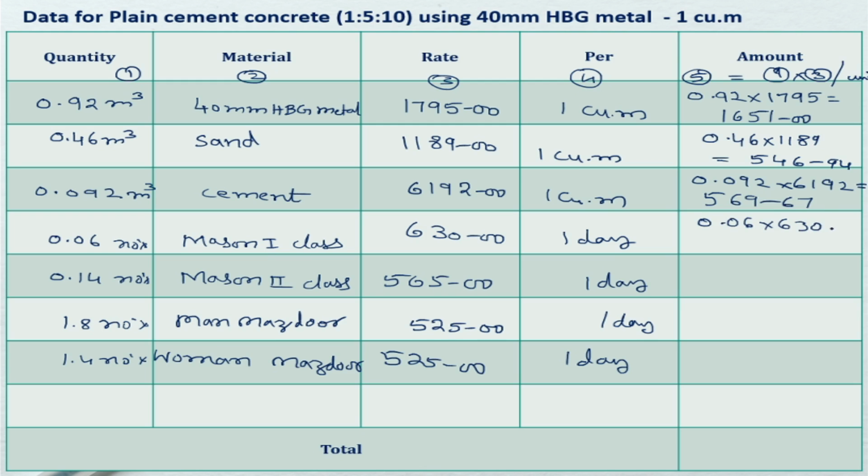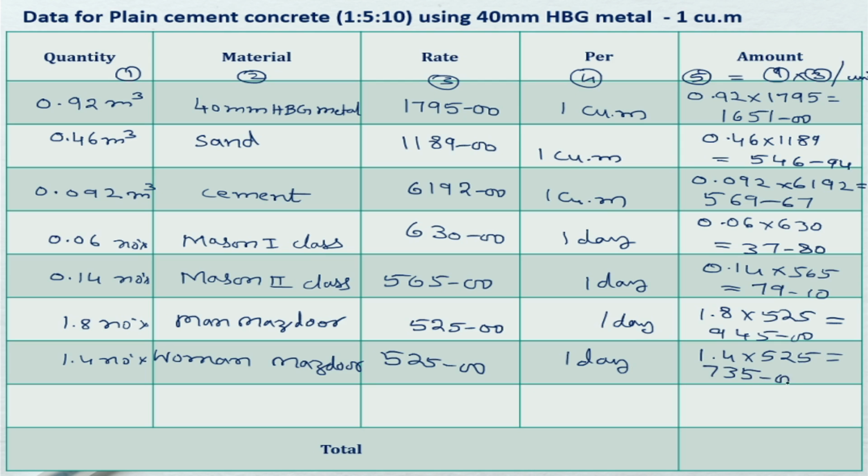0.06 into 630 rupees per 1 day is equal to 37 rupees 80 paisa. 0.14 into 565 rupees per 1 day is equal to 79 rupees 10 paisa. 1.8 into 525 rupees per 1 day is equal to 945 rupees. 1.4 into 525 is equal to 735 rupees. Total amount is 4,564 rupees 91 paisa.